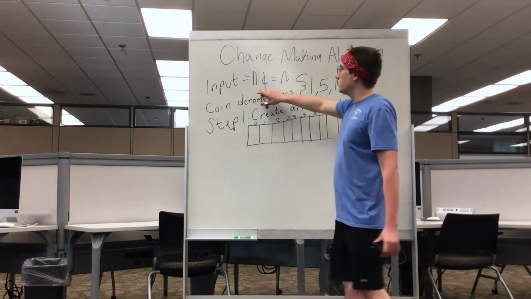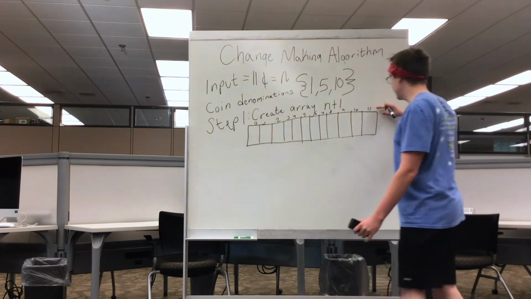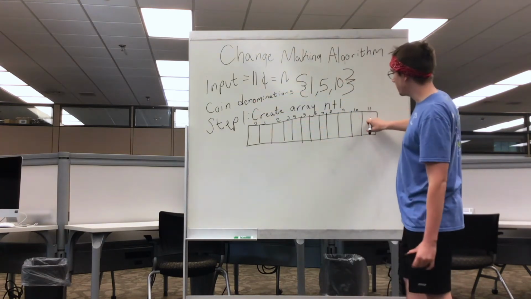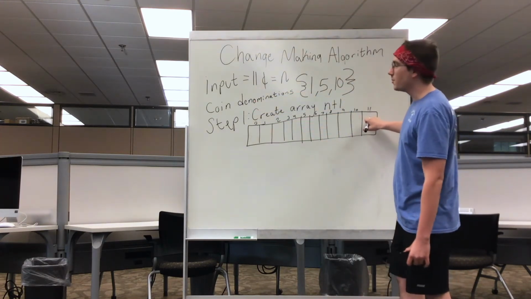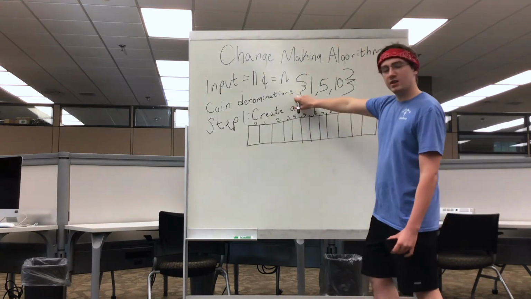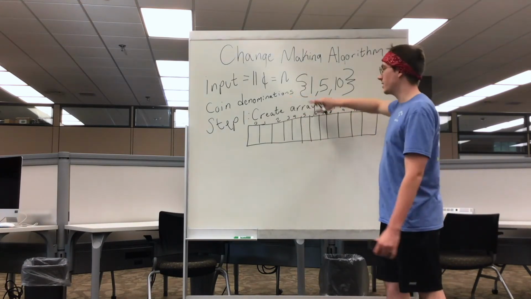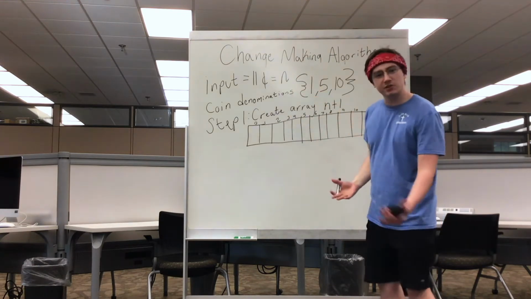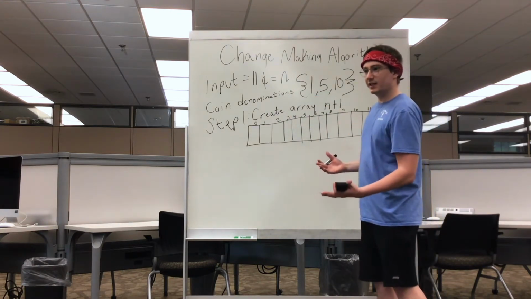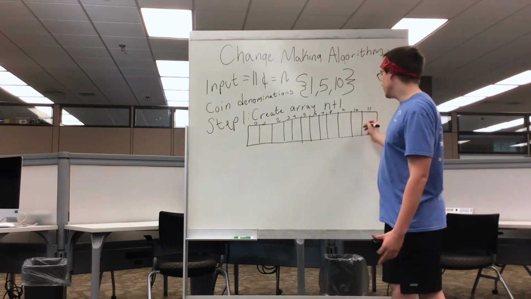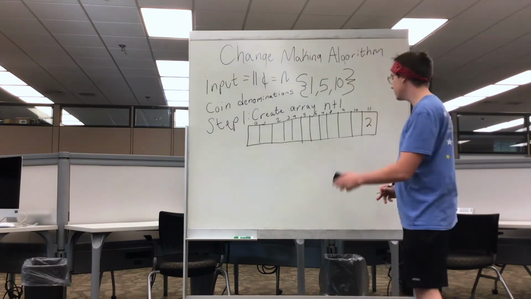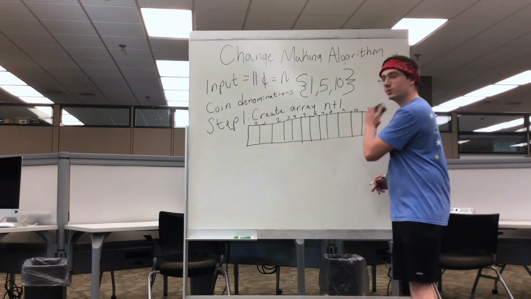So say we need 11 cents, and this is 11 cents, and what will go in here is how many coin denominations we will need to make 11 cents. So as we said earlier, 1 and 10 would make 11. So what would go in here would be 2. But I'll show you how we find that value using the algorithm.